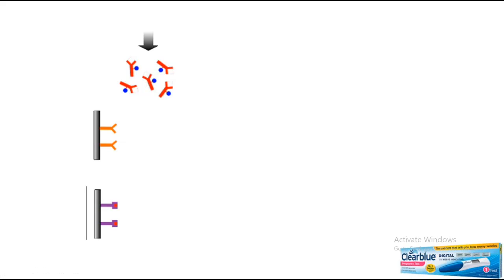You add your urine. Of course, there's no antigen in the sample, so the flow of the urine causes the detection antibody to start moving, okay? Now, it's passing this antibody because there's no antigen present, okay? So the detection antibody has nothing to bind to, and therefore the capture antibody will not isolate the detection antibody and antigen from the solution.